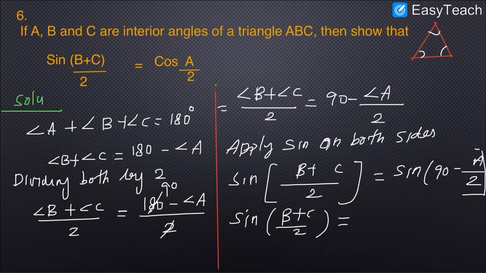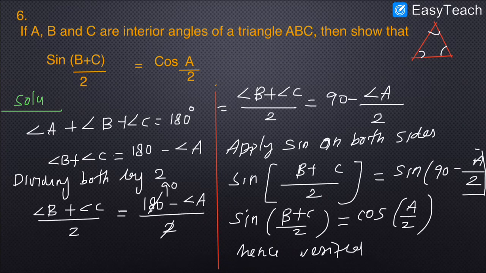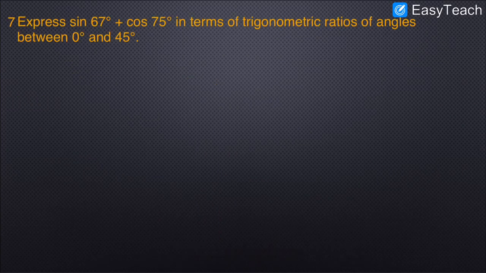Okay, let's do the seventh question. Express sine 67 plus cos 75 in terms of trigonometric ratios of angles between 0 degree and 45 degree. So, here the given angles, sine 67 degree plus cos 75 degree, look at the angle, it's more than 45. Here it is mentioned to express the given value so that the angle lies between these limits.